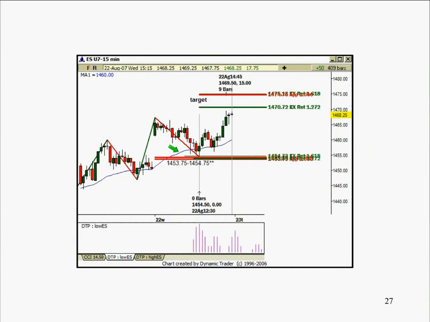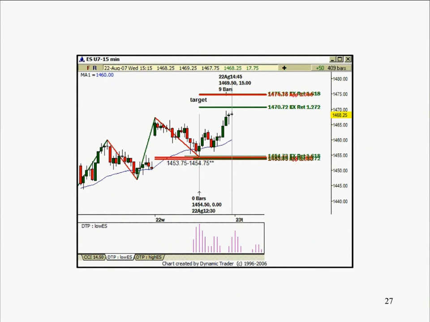So that's where you're seeing a visual of the clustering of time cycles that came together from these prior swings that just happened to overlap this key price support. Okay, so here the low was made within this first zone at 1454.5.